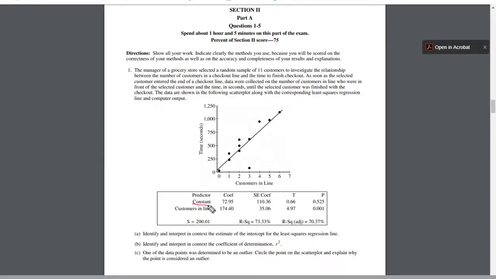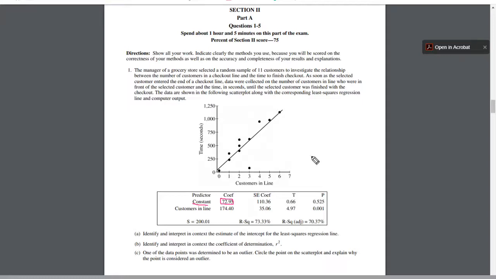The intercept is the constant 72.95. That's identifying it. Interpreting in context means use it in a sentence. So on average, so this is the constant.